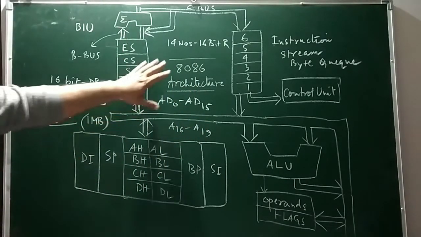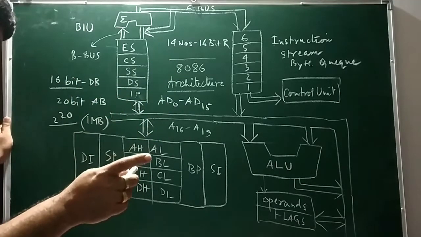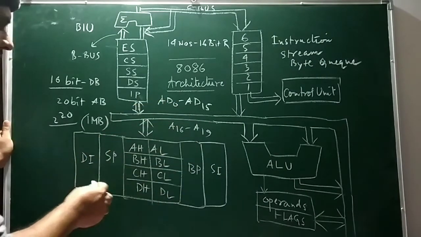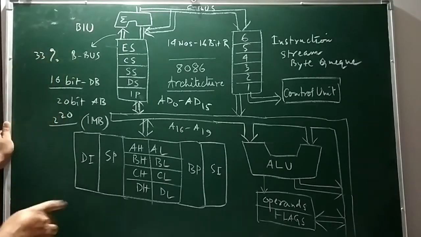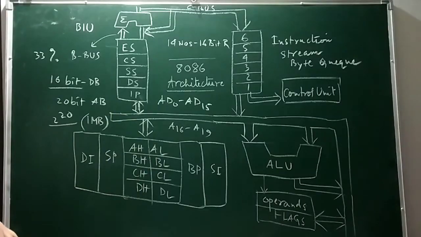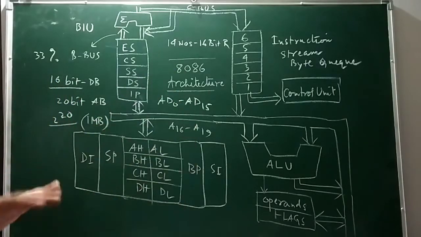So the 8086 requires a single phase clock with 33% duty cycle to provide internal timings.